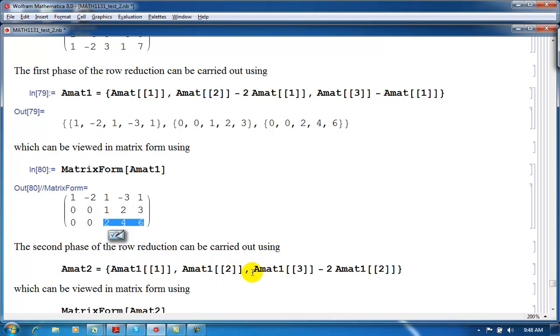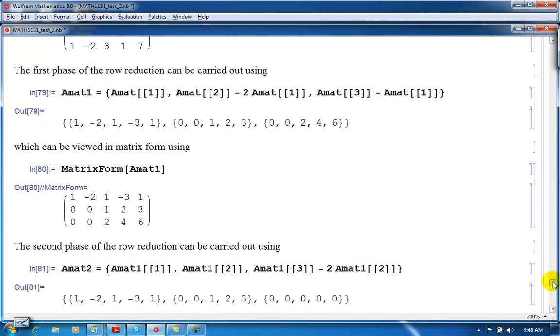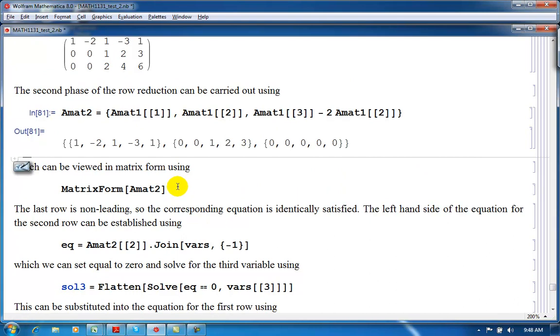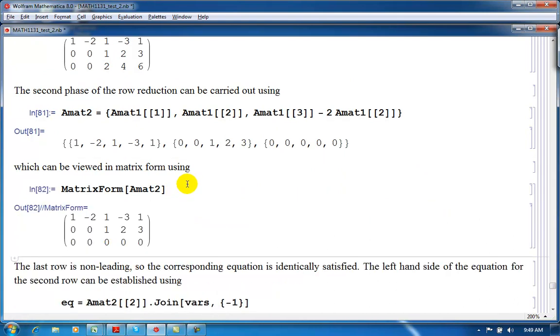So we do that using the third row of this matrix minus twice the second row, and there, that gives us that, and then we can view that as a matrix using that.